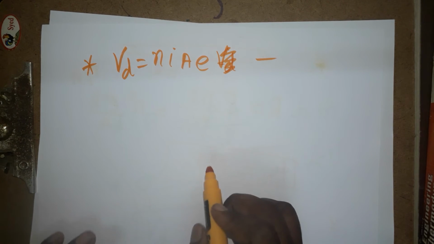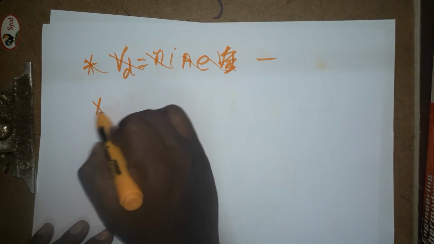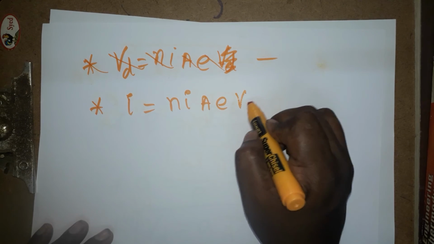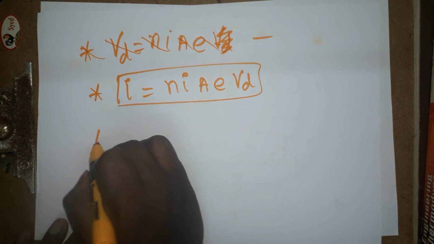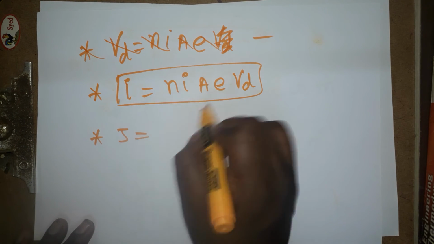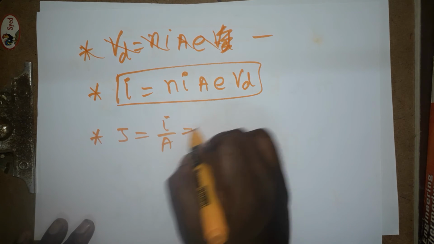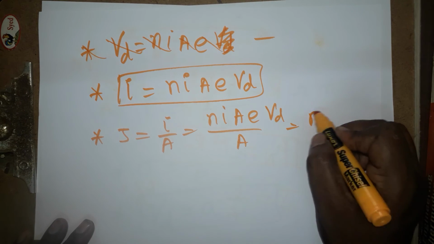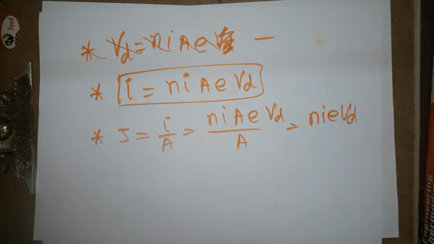Sorry, current is equal to nAeVd. This is a question asked many times in the CBSE exam. Current density also has a relation with drift velocity: J is I divided by A, so we get nAeVd divided by A, which is neVd. It is the relation between current density and drift velocity.